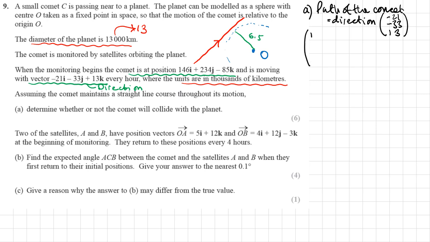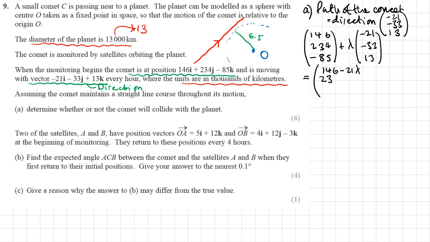So that's going to be its initial position, 146, 234, negative 85, plus its direction, and we'll put a scalar there, lambda times negative 21, negative 33, 13. I'll combine that all into one bracket, so I'll have 146 minus 21 lambda, 234 minus 33 lambda, and negative 85 plus 13 lambda.